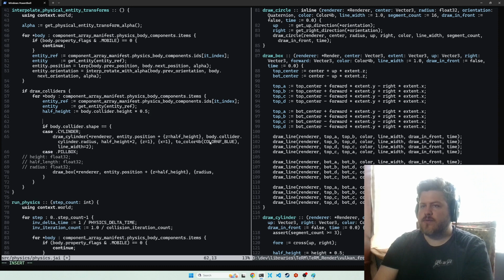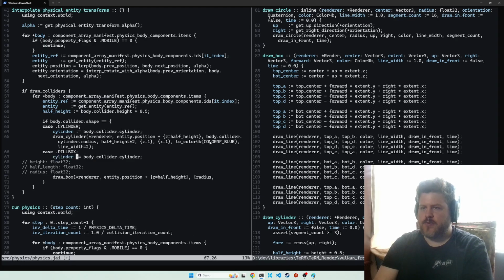Let's just say collider is body.collider. Or maybe, let's do that. Cylinder is equal to body.collider.cylinder. It's a little bit better. And pillbox, body.collider.pillbox. That way, just a little bit less text.